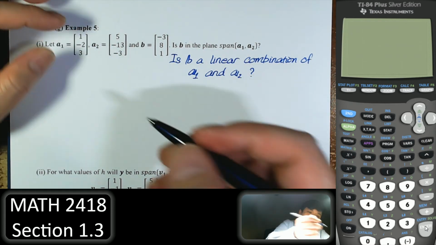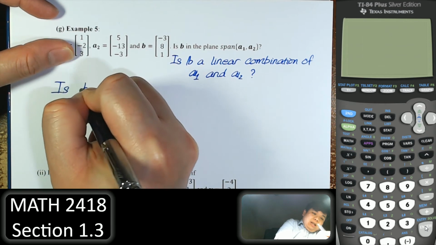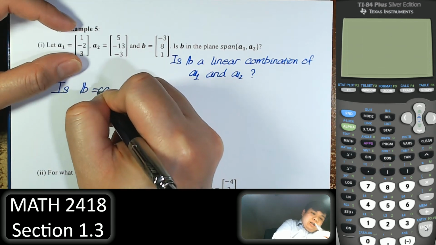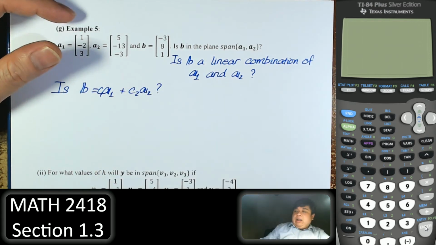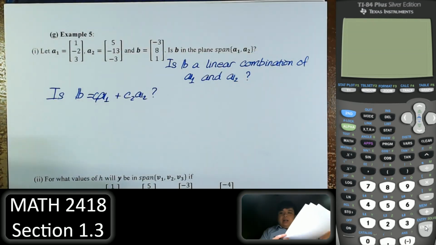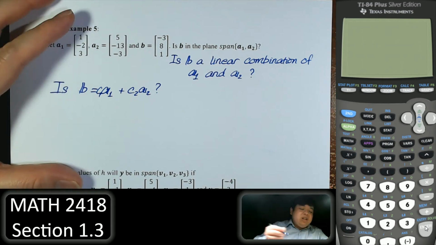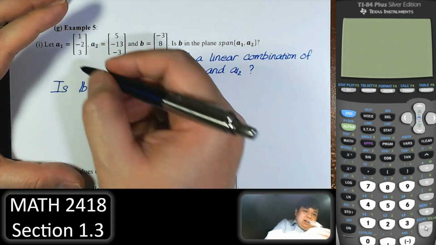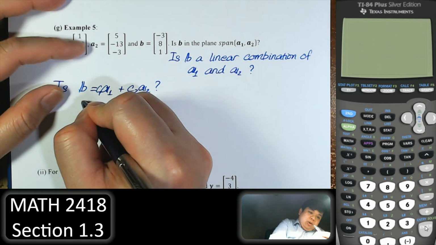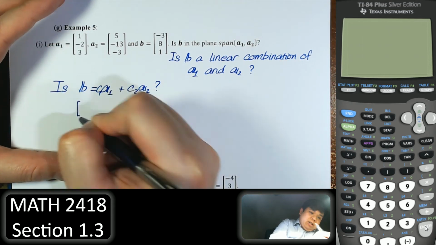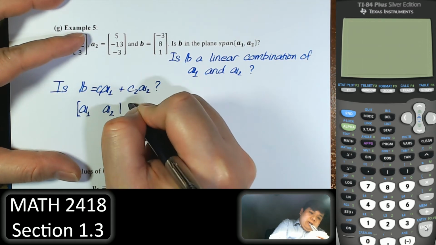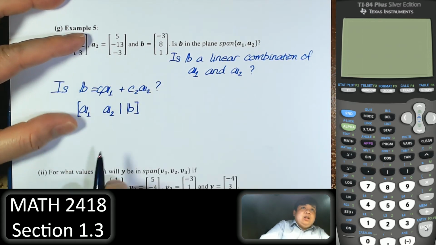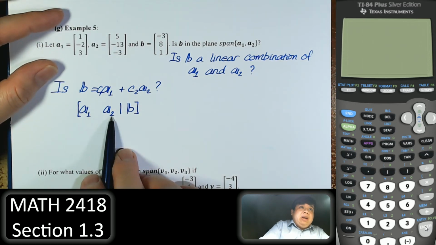So what we just said is B equals C1 A1 plus C2 A2. Of course, we can write that out like this, but we have a little shortcut. We just stack this as A1, A2, and B. So we put in our matrix A1, A2, and B. So is B a linear combination of A1 and A2?